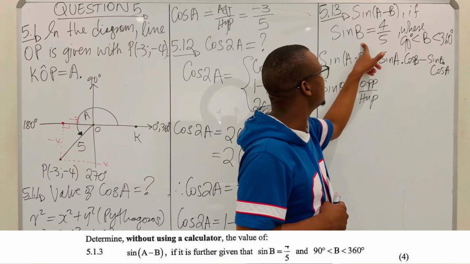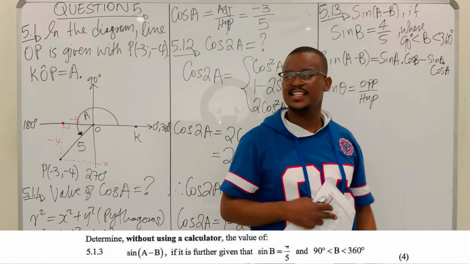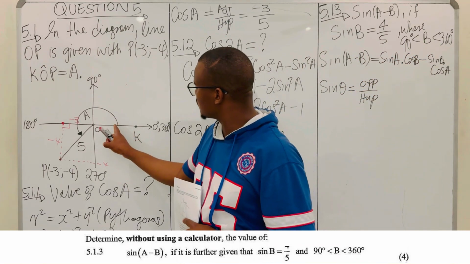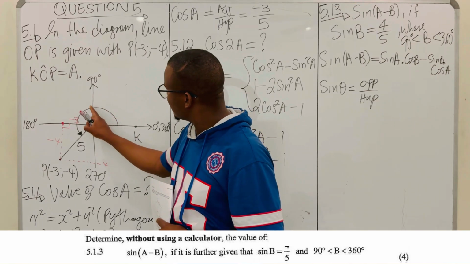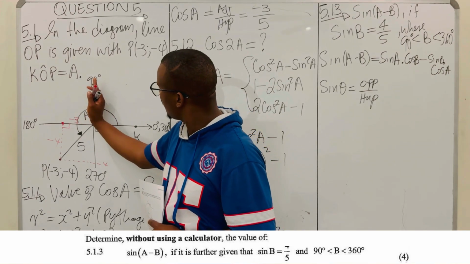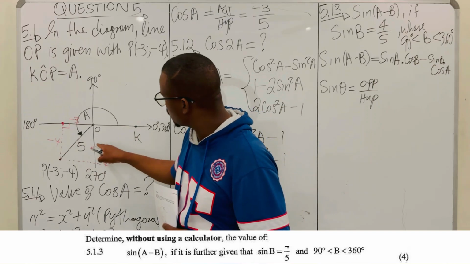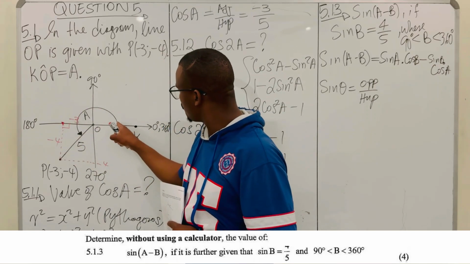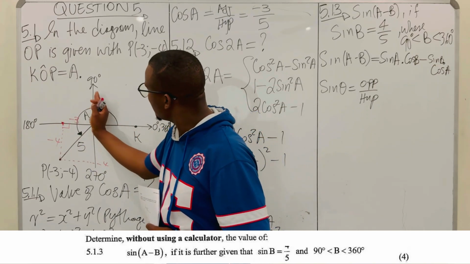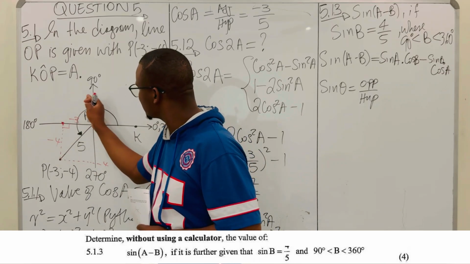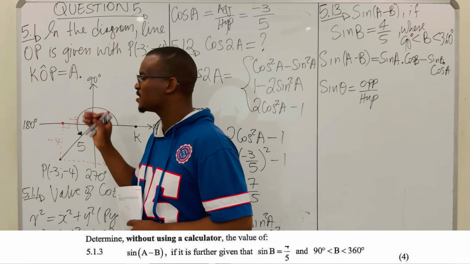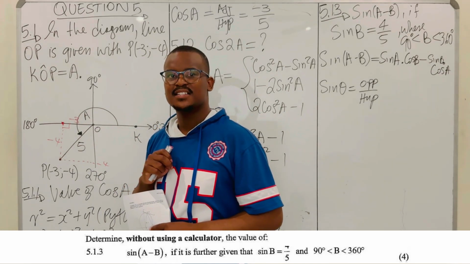So the angle B is more than 90 but less than 360. So it starts from here and it's after 90, but it can be anywhere between 90 and 360, anywhere between these two quadrants. That's what they're telling us.